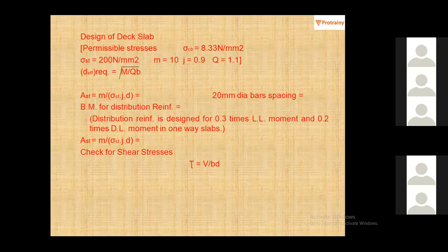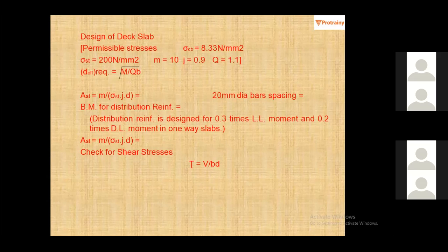I'm confused about the B value. Okay, listen. B is always going to be 1000 mm, that is 1 meter. We are just calculating everything for a 1 meter wide span. So it's always going to be 1000 mm.